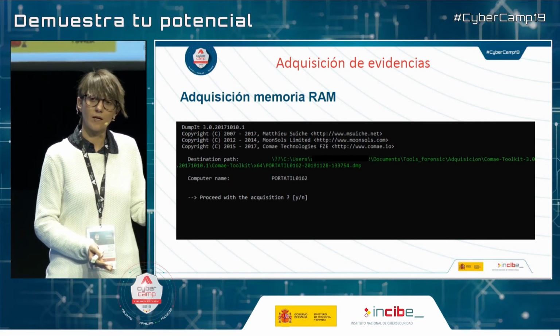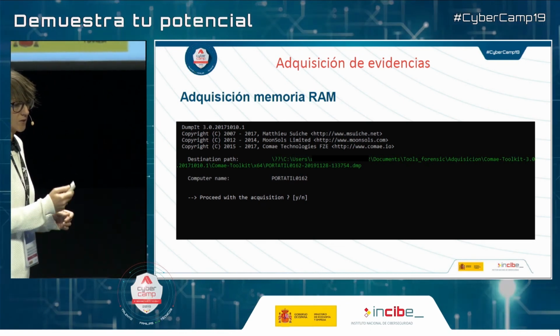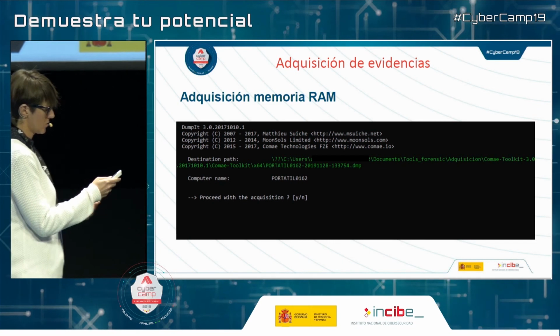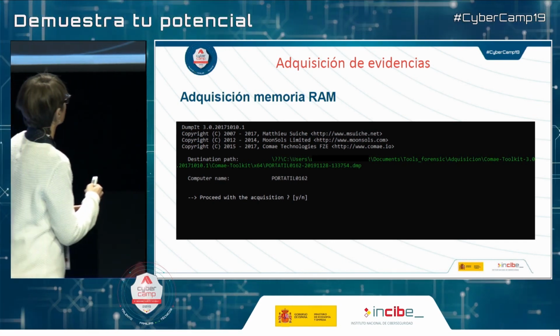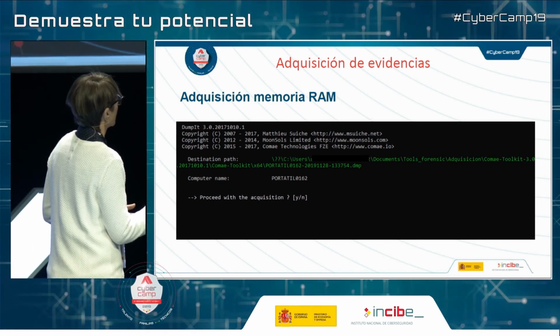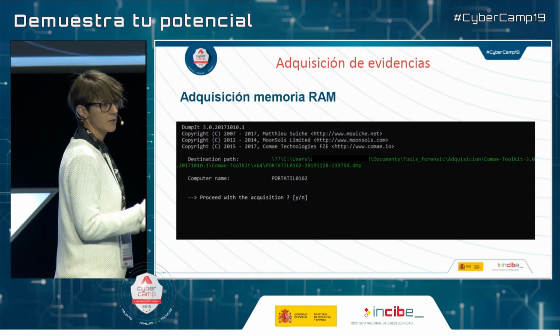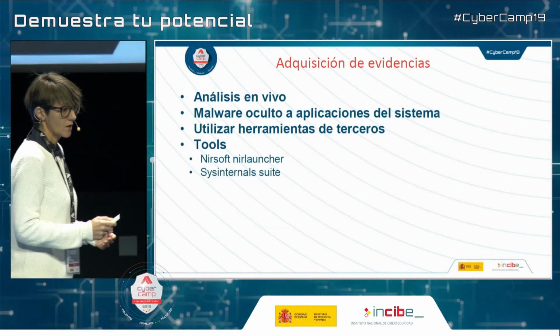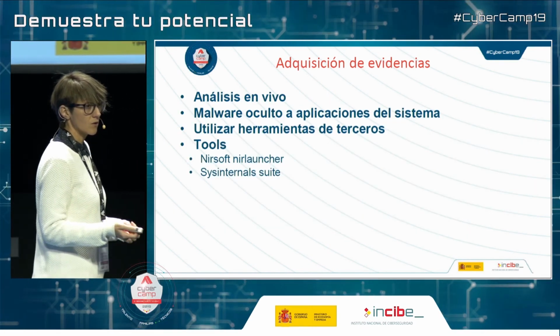And that single file is going to have the whole contents of the RAM. This is just to show you how Dumpit works. Once the process is done, you can see here at the end we have laptop, blah, blah, blah, DMP. So you have all the information in just one file.